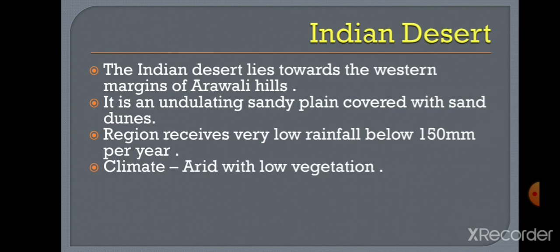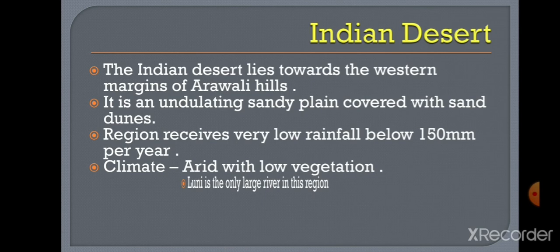Now if we talk about climate, here the climate is arid, and you cannot find any kind of vegetation, and you can't practice farming here because you won't be able to irrigate your field properly. Plus, in the desert, you are not going to get a climate which is favorable for crops.